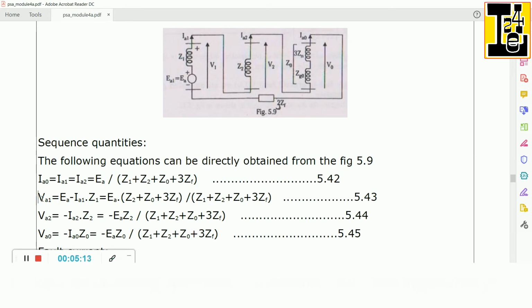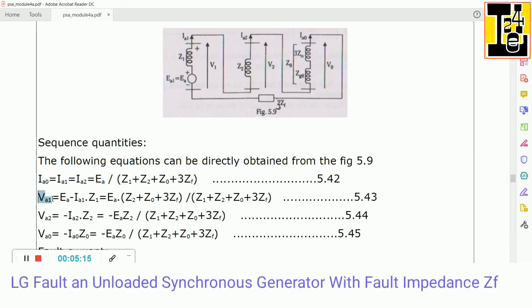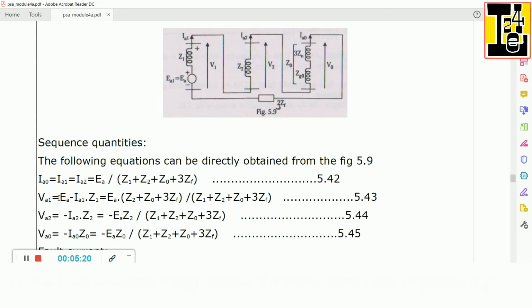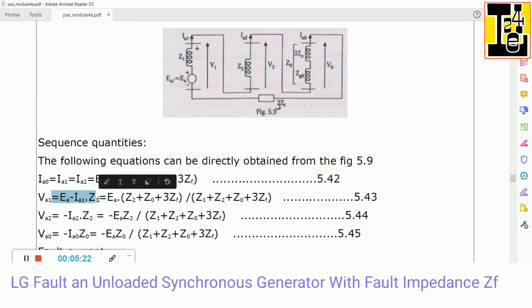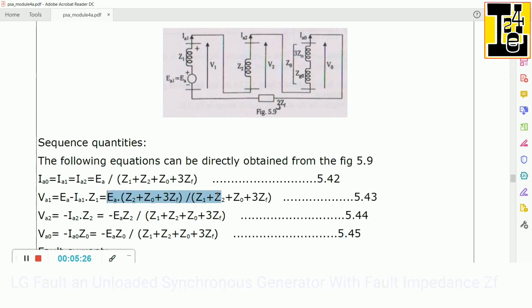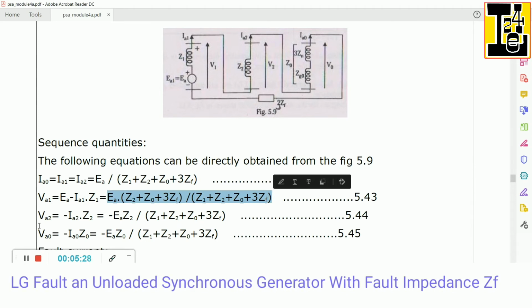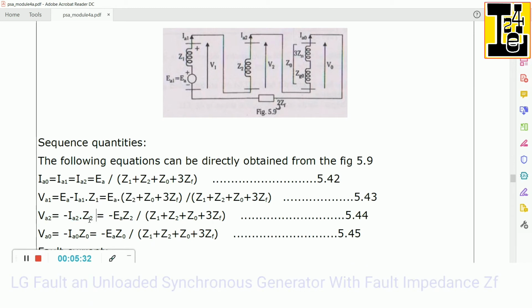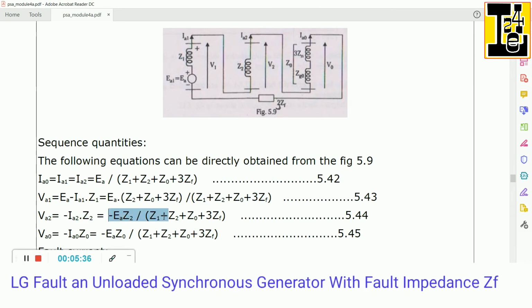Let us find the next quantity, that is VA1. By the system equation I can write EA minus IA1 Z1. Substituting the expression for IA1, we will get VA1 as this expression. VA2 equals minus IA2 Z2 is a system equation. We can substitute IA2 and get this expression.